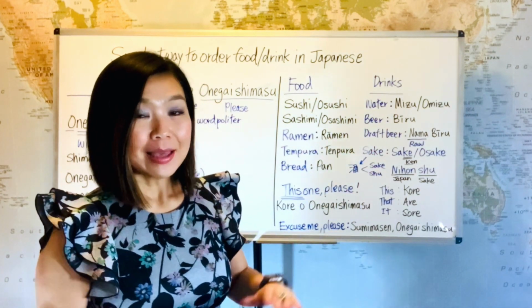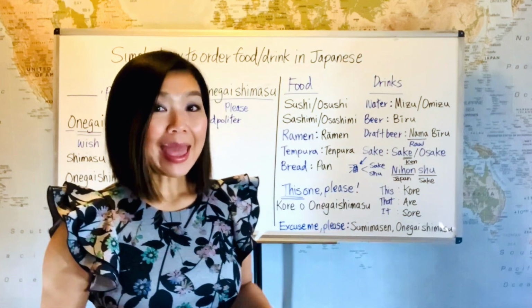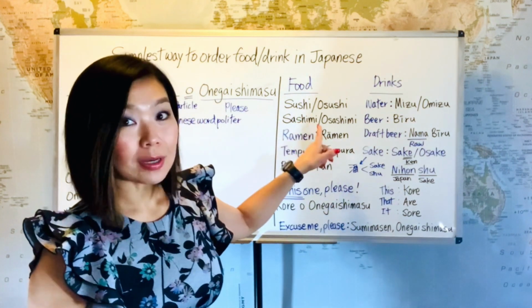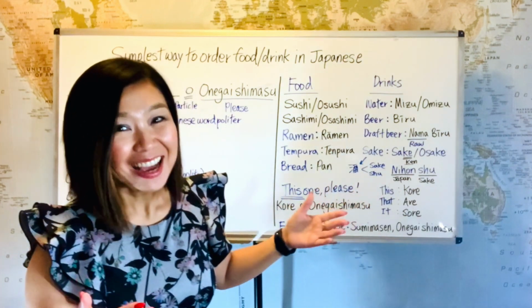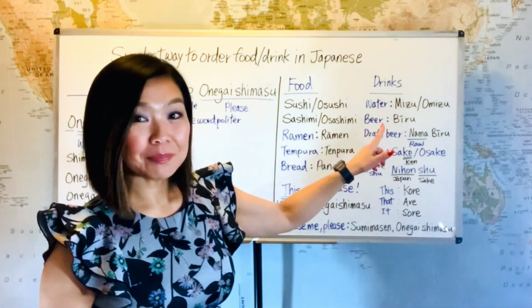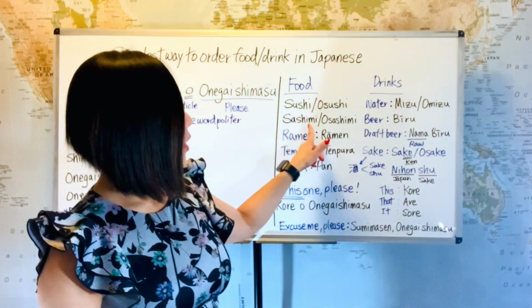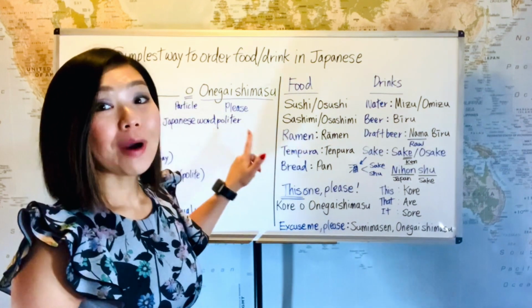Now, sashimi. Again, the accent is a bit different. We say sashimi. And of course, we can add o because this is a Japanese word. I'm thinking about food now. So we could say osashimi as well. Sashimi or osashimi. Now, moving on to ramen.